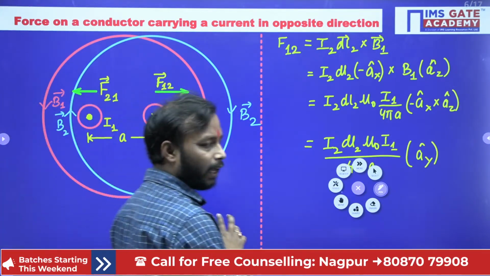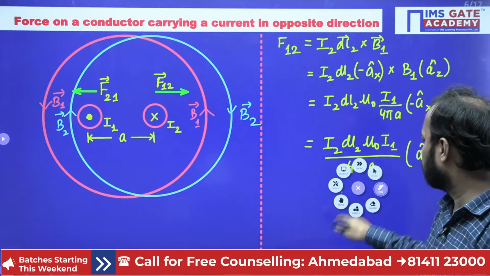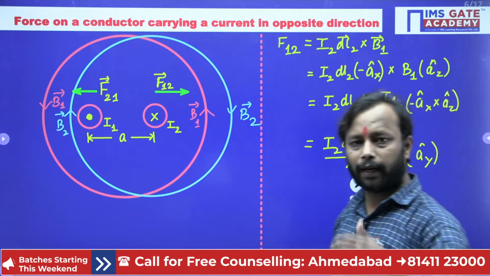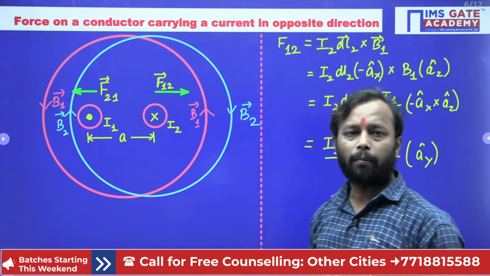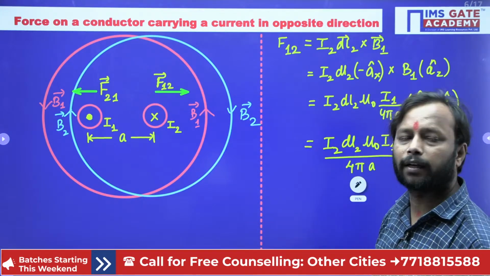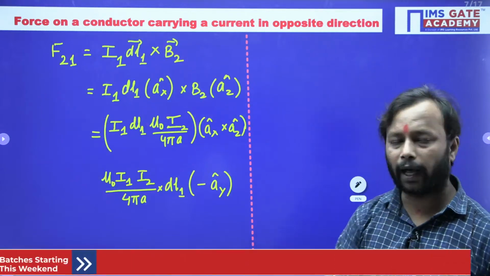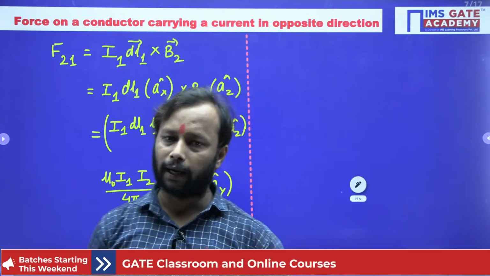Now it is very clear that whenever current carrying conductors carry current in opposite directions, then the forces between these two will act in opposite directions, or the force will be a kind of repulsion.